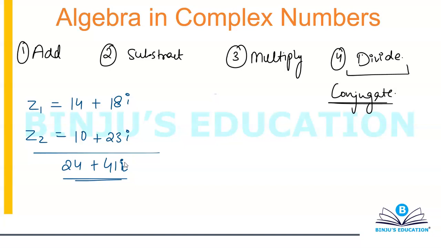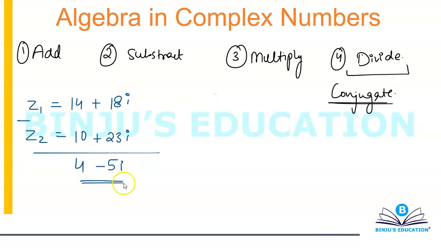Okay, second thing is subtract. So let's suppose if I ask you to subtract Z2 from Z1, or if I'm asking you to do Z1 minus Z2. So again in this case, you're gonna subtract the real part separately and you're gonna subtract the imaginary part separately. So 18 iota minus 23 iota is minus 5 iota. 14 minus 10 is 4.